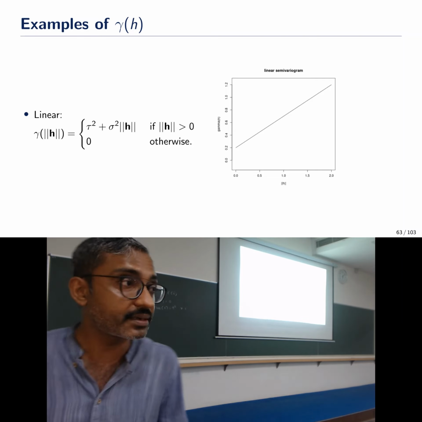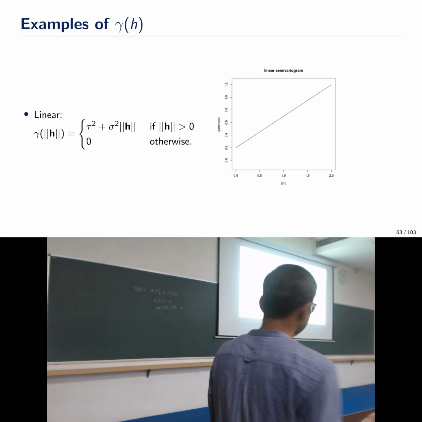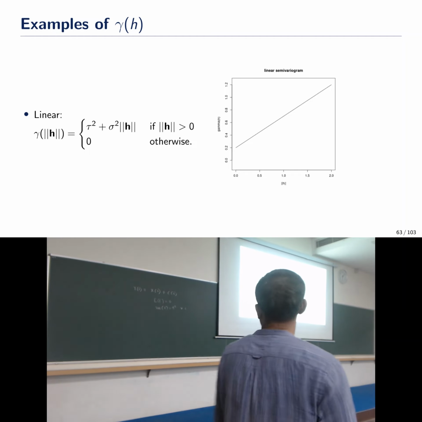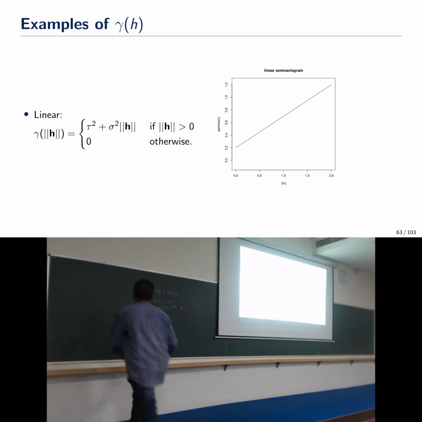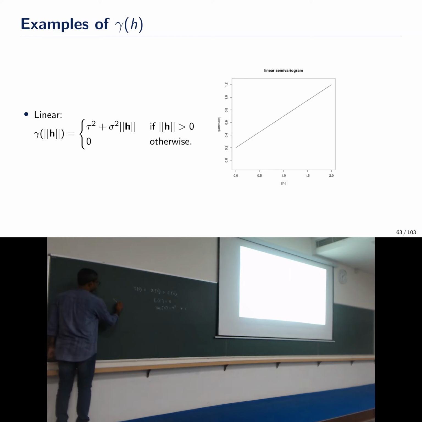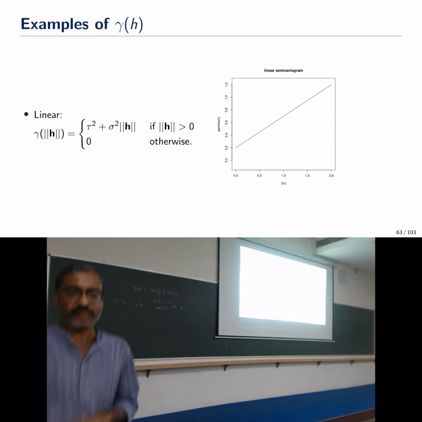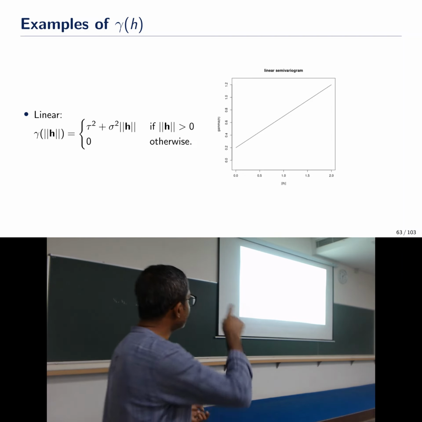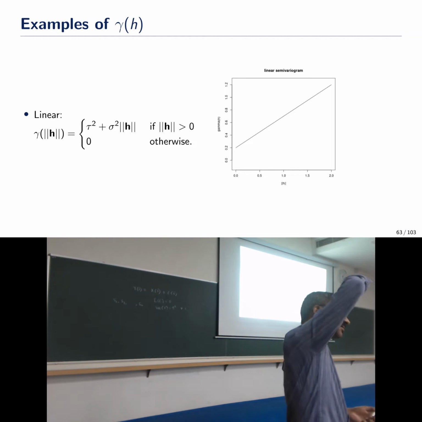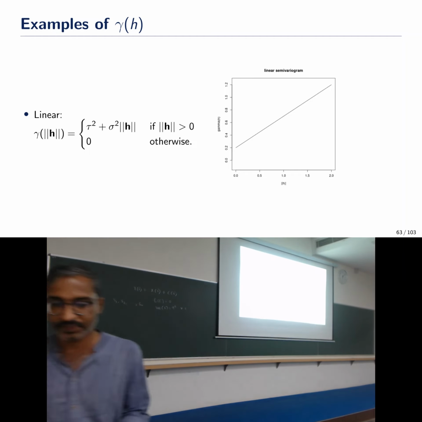Simply epsilon. If I have observations at S1, S2, up to Sn, then you have epsilon 1, epsilon 2, and so on. This is just to differentiate from the V that I just added to the Cauchy.